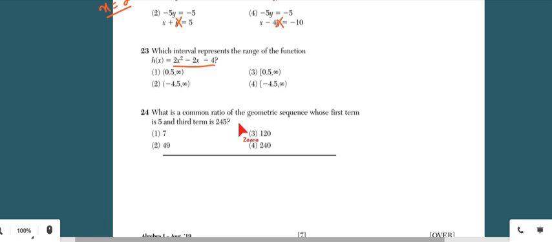So let's find its minimum value. The minimum value will be at the line of symmetry, so it is negative b over 2a. So negative, the value of b is negative 2, over 2 times the value of a, which is 2. So it is positive 2 over 4, which is 0.5. The value of x is 0.5.